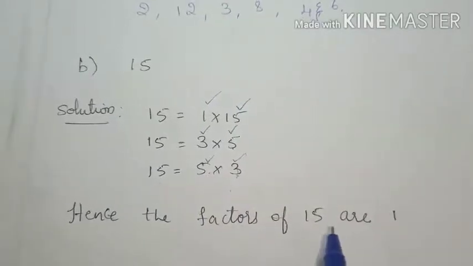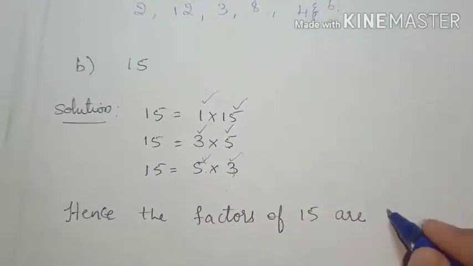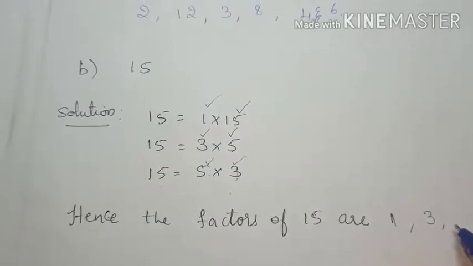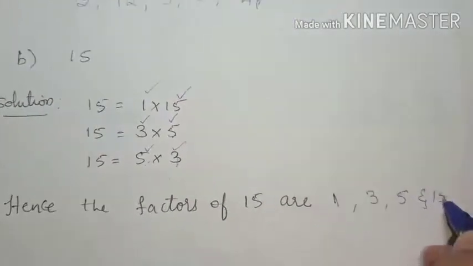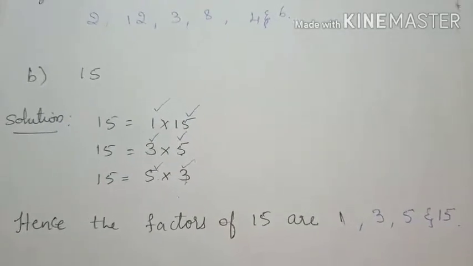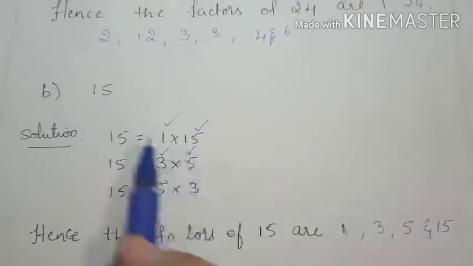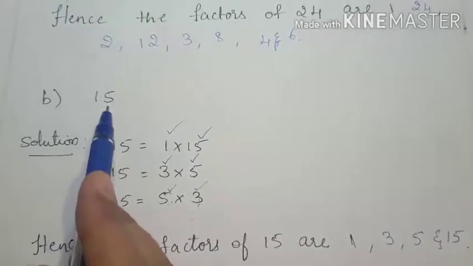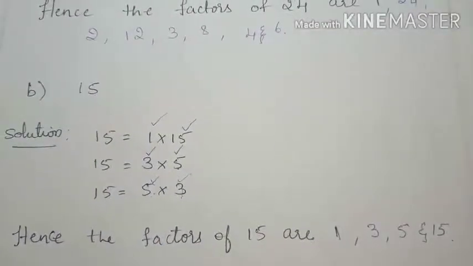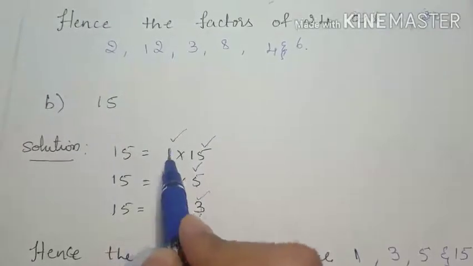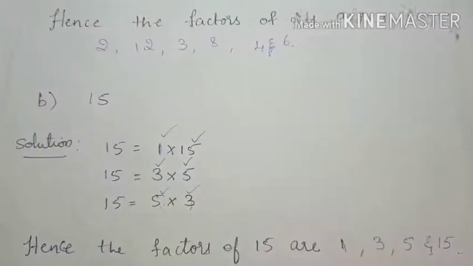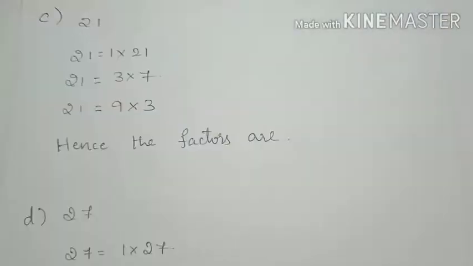Hence the factors of 15 are 1, 3, 5 and 15 itself. You can notice that the number which they have given is always a factor, and also 1 is a factor of all the numbers.